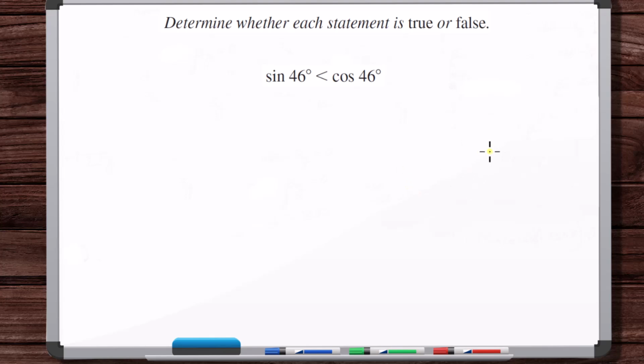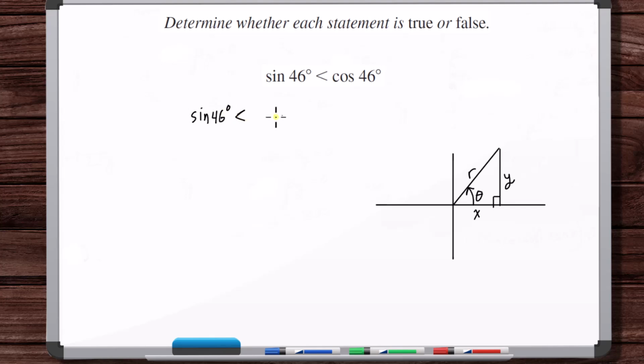Okay, because these are all going to be acute angles, I'll just leave this up here. Okay, so is sine of 46 less than cosine of 46? Let's use the cofunction identity. So this is saying, is sine of 46 less than sine of what is 90 minus 46?